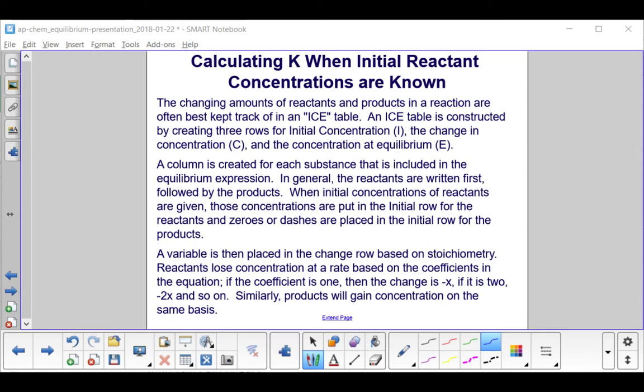In general, the reactants are written first, followed by the products. When initial concentrations of reactants are given, those concentrations are put in the initial row for the reactants, and zeros or dashes are placed in the initial row for the products.